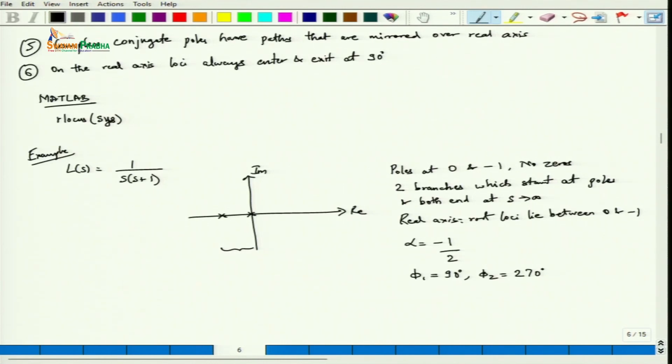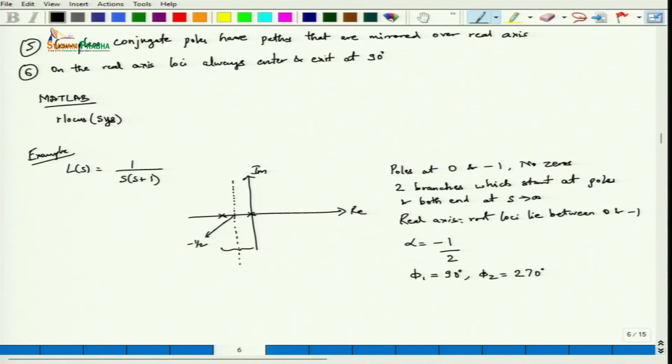So the asymptote will be of this form. Say this is minus half, this is 90 degrees, this is 270 degrees, and this location is minus half. So our root loci will lie according to this.